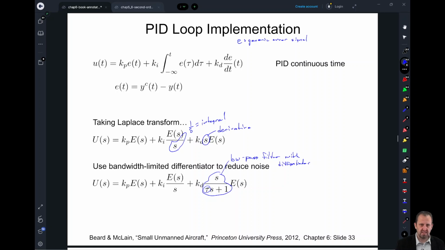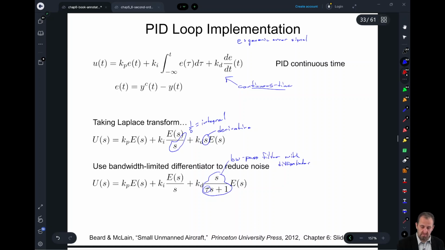Excellent. So that's now in the Laplace domain, and we have this continuous time representation. But when we go to implement it, it's going to be implemented in a discrete fashion, right? We have a digital computer that we're going to be implementing these things on.